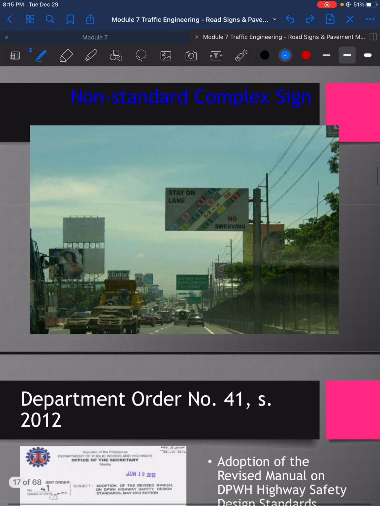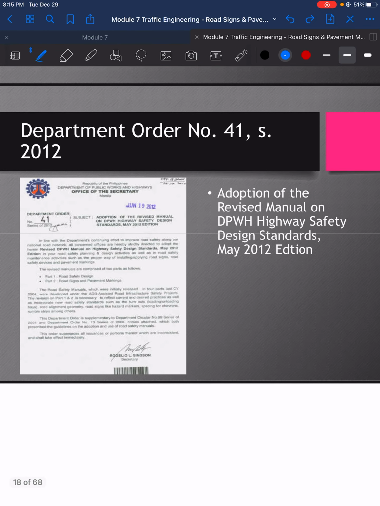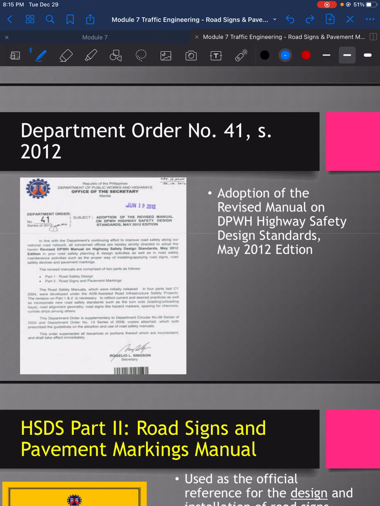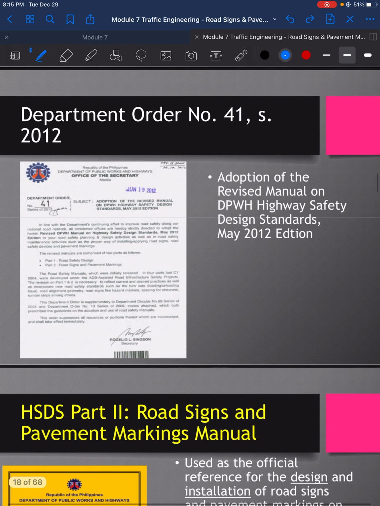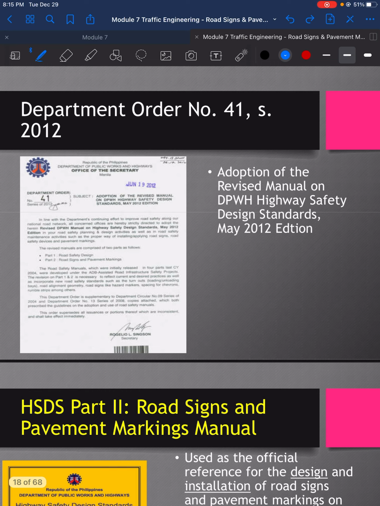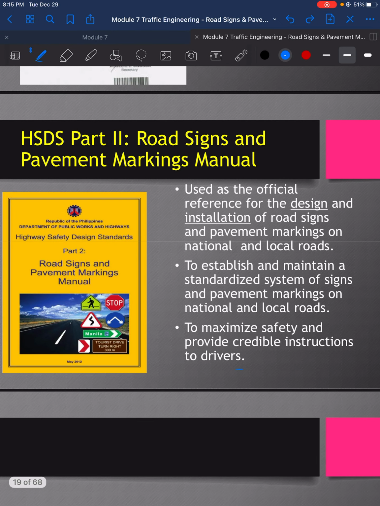And when I say manual, this is the manual released by DPWH that is to be used. This is Department Order Number 41, Series of 2012, Adoption of the Revised Manual on DPWH Highway Safety Design Standards, the May 2012 edition. This is the manual I mean: the Highway Safety Design Standards or HSDS, Part 2 Road Signs and Pavement Markings Manual.